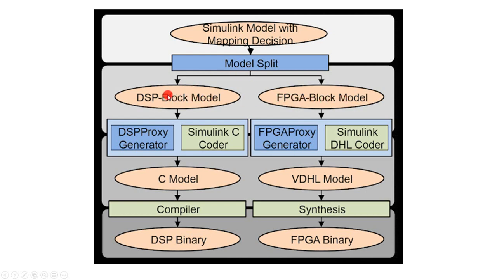The microprocessor control block can be done on a DSP core, and this one will go for the microprocessor branch or DSP branch. So basically a processor with the software will be the left side. This one is the software model. On the right-hand side, you can go to hardware design such as FPGA or ASIC.